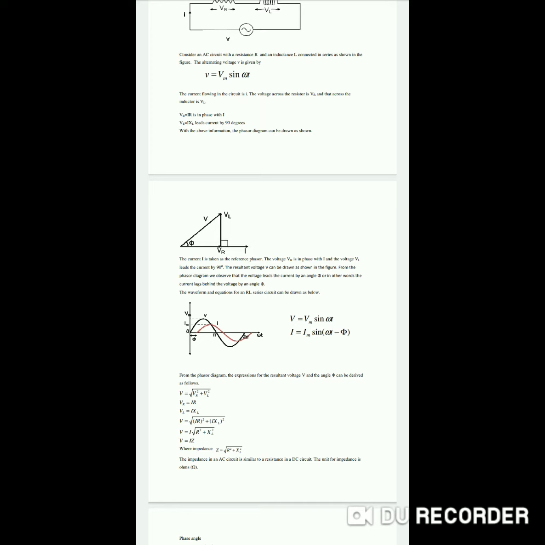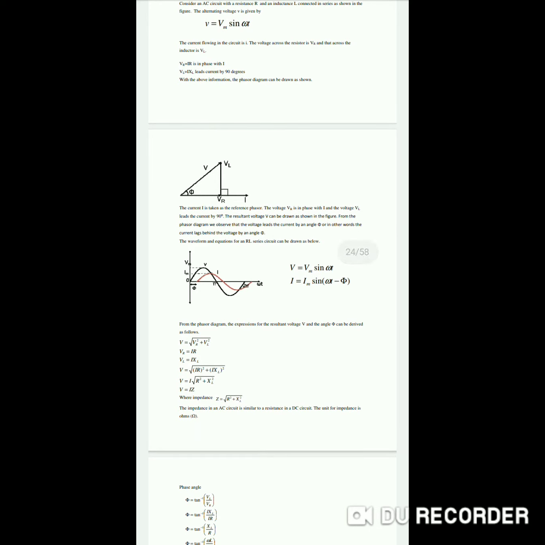Using these two conditions, we can draw the phasor diagram. The resistance VR is in phase, so it starts from the origin with a straight line, and the inductance leads by 90 degrees, with the angle of phi.